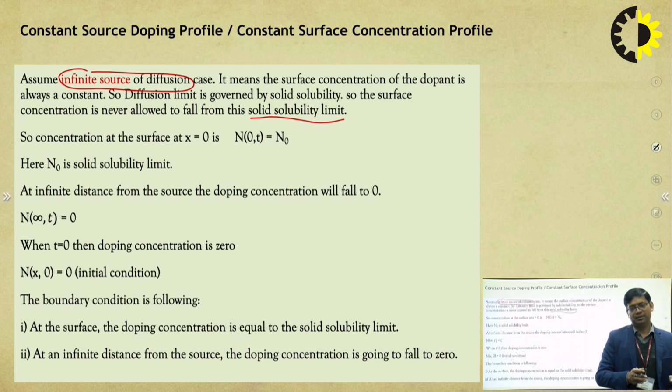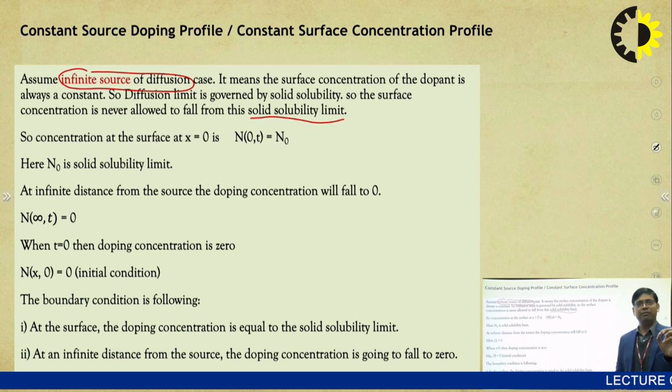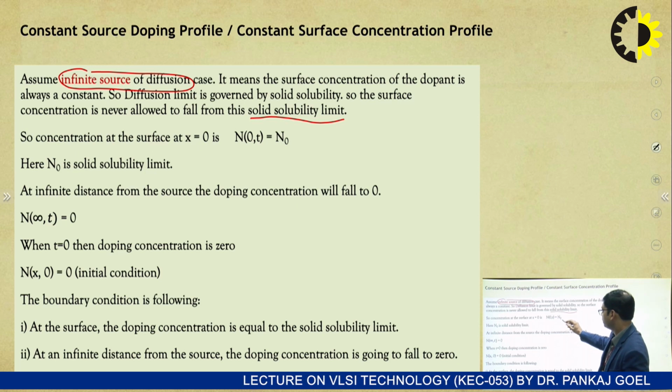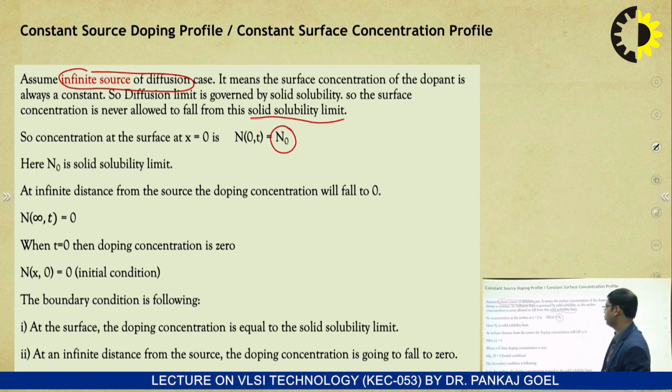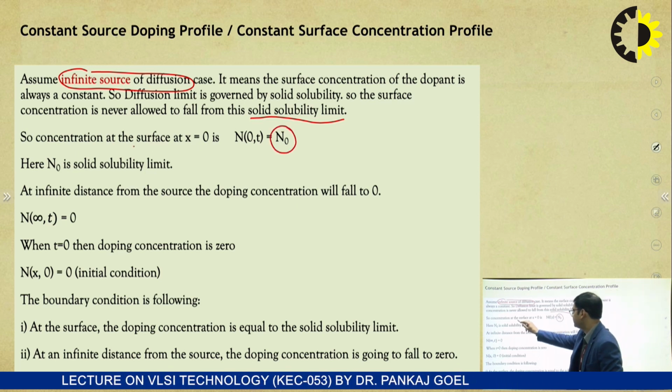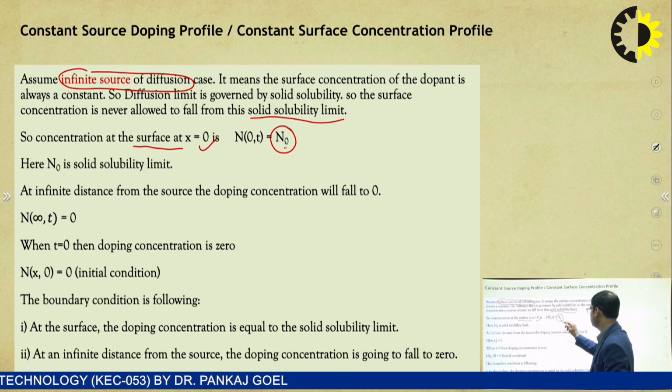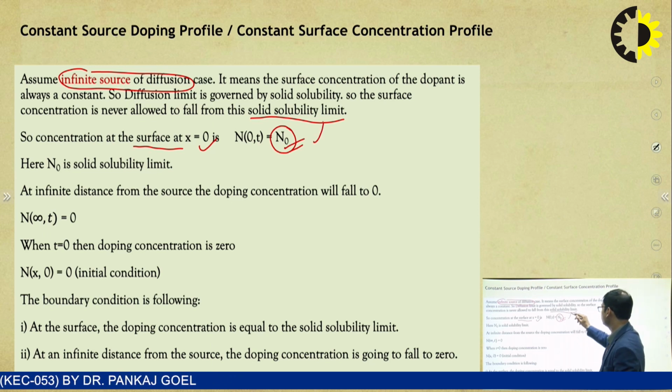As the dopants move from the surface deep into the wafer, the concentration of dopant is replenished by the source, and the value that is maintained at the surface is known as the solid solubility limit, denoted by N0. At the surface, x equals 0, and at x equal to 0, the concentration is equal to N0, which is the solid solubility limit.